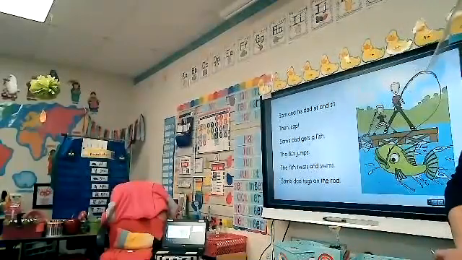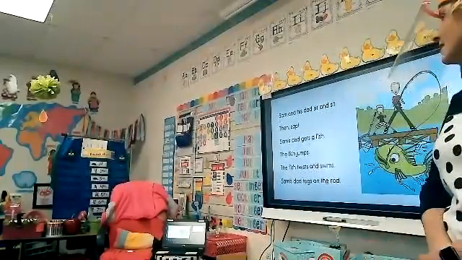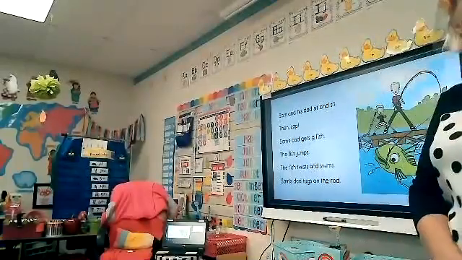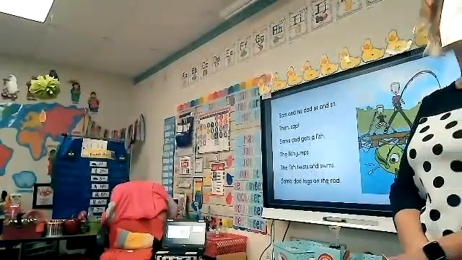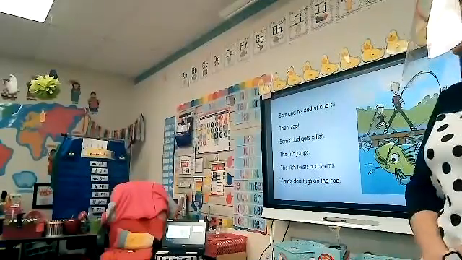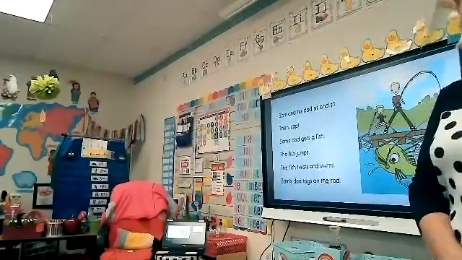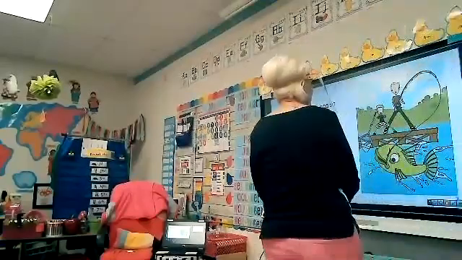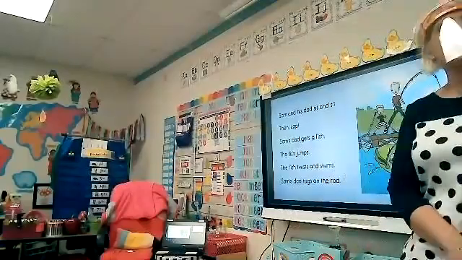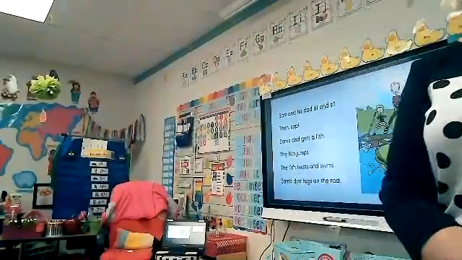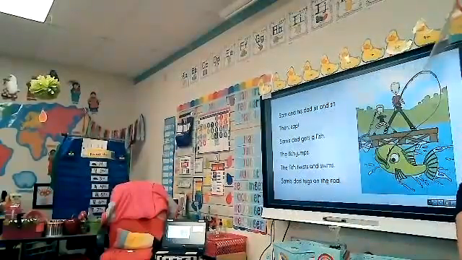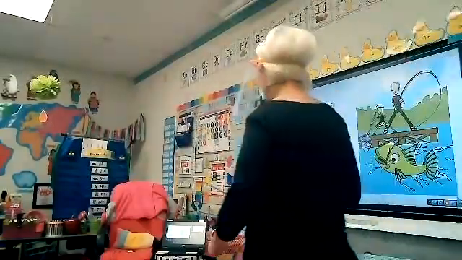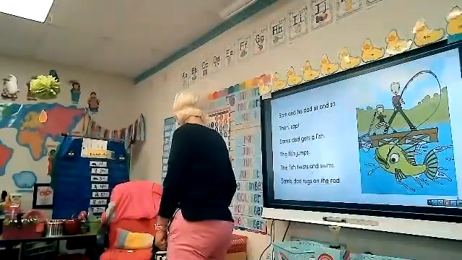Piper, who caught a fish? Sam's dad. Good. What does the fish do after Sam's dad gets it on the rod? Olivia. It jumps. And what else does it do? It twists and jumps. What did Sam's dad do to get it to stop twisting and jumping? Lucy, he tugged on the rod. He pulled it up. That's right. All right, next page.